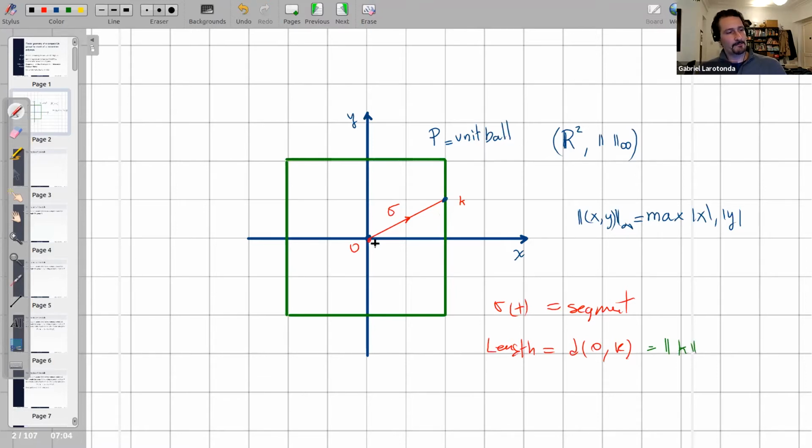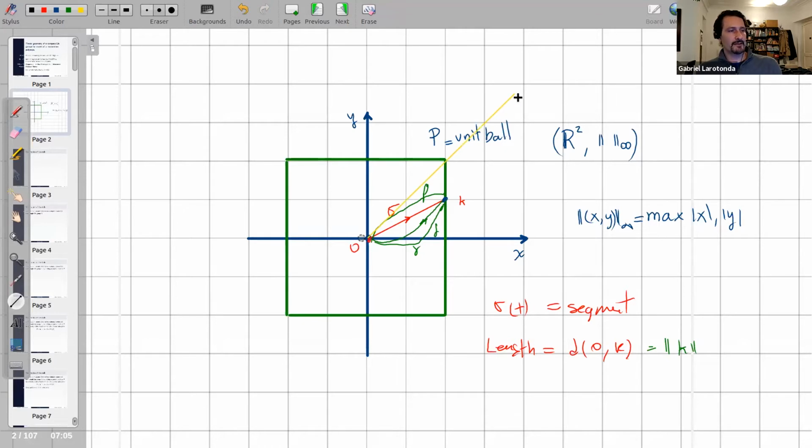Then you could be asking to characterize all these paths. I say that this one is just one possibility, and this one is another possibility, and this one indeed is another possibility, etc. And what is the nice characterization I'm mentioning here about every other curve joining 0 to K with a minimizing length, or short path?